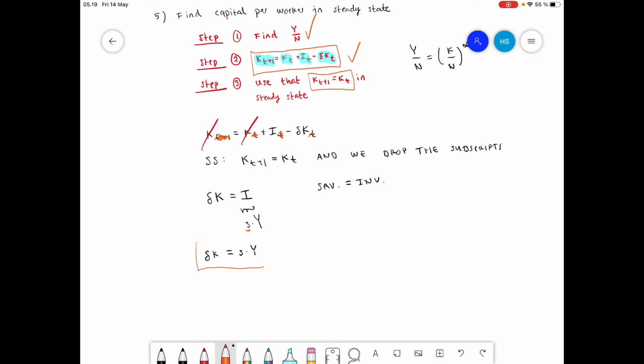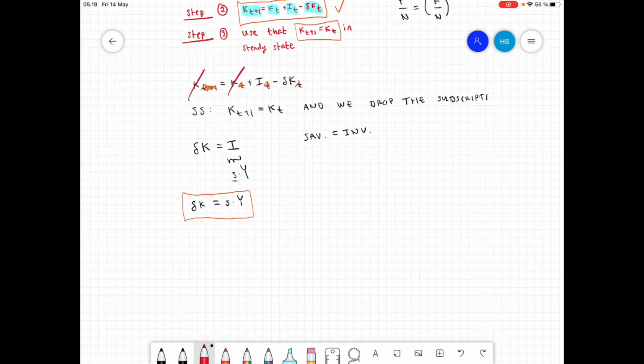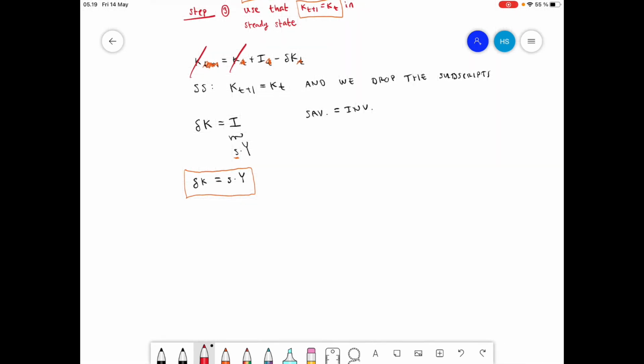Then we obtain the following equation here. Once we get here, we have to transform this equation into per worker terms. How do I transform this equation into per worker terms?